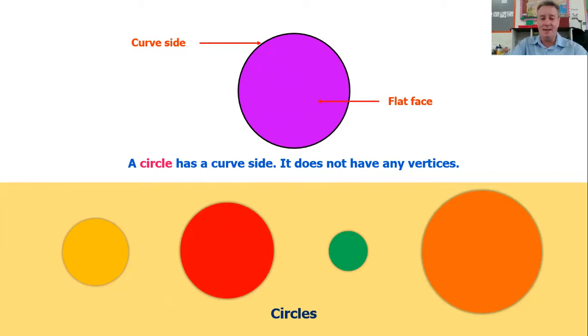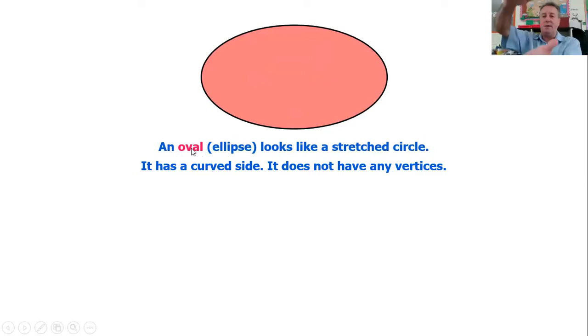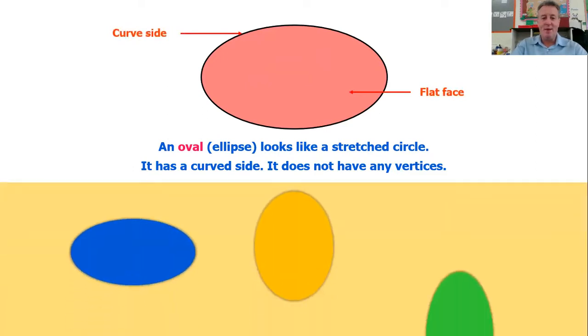It's purple, isn't it? There are our colors. Here's a pink one, but it's not a circle, it's an oval, and it's like a circle that's been squashed down or stretched out. So it looks like a stretched circle, and it has a flat face, a curved side, and no corners. There we are.